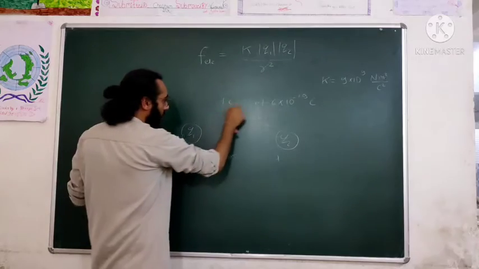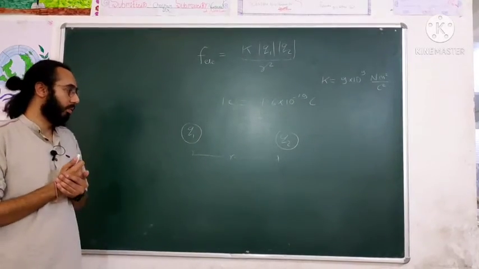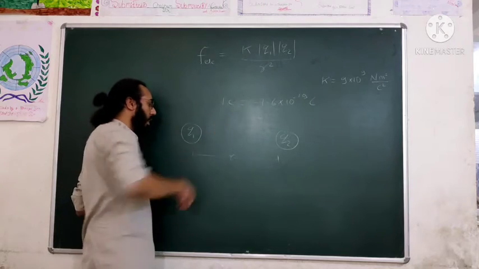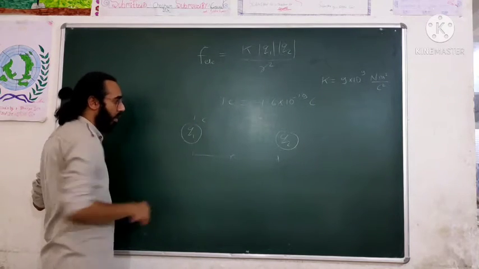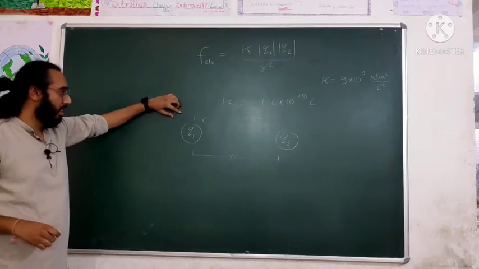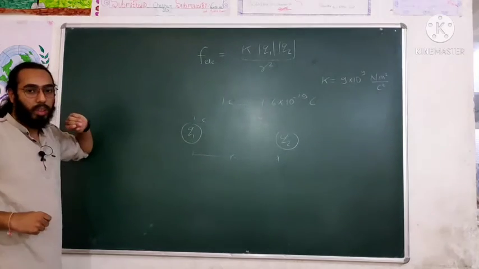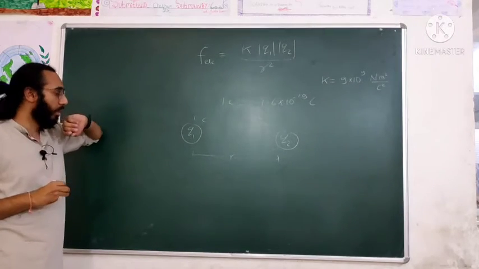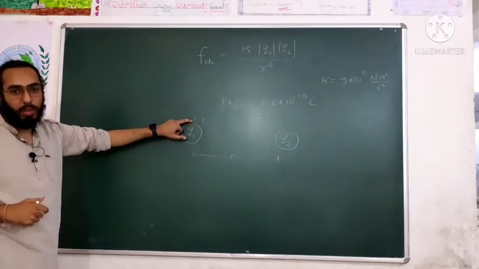So if I have to provide plus 1 Coulomb of charge to an object, this means I am extracting electrons from the object. If I remove electrons from the object, it becomes positively charged.